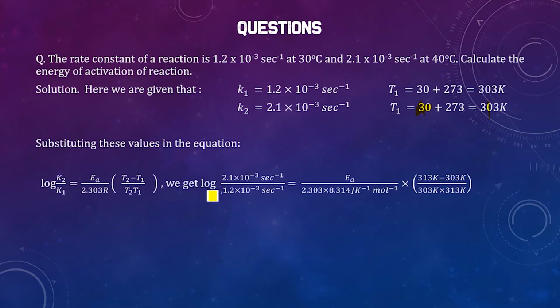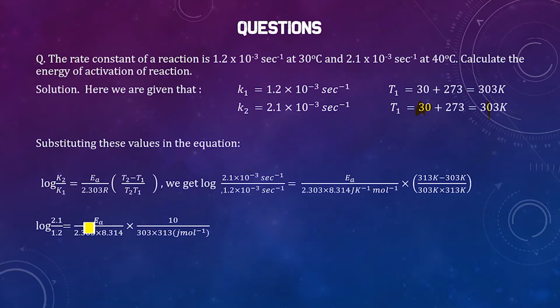Just put the values: K2 is 2.1 into 10 to the minus 3 per second, K1 is given 1.2 into 10 to the minus 3 per second, Ea we have to find, 2.303 into R is 8.314 joule per Kelvin per mole, T2 minus T1, 313 minus 303, into this. So now solve it. This will be cancelled, 3 minus 3 cancel, and you got this, isn't it?